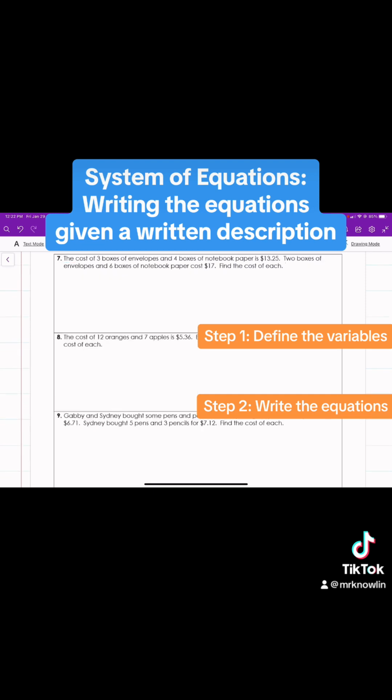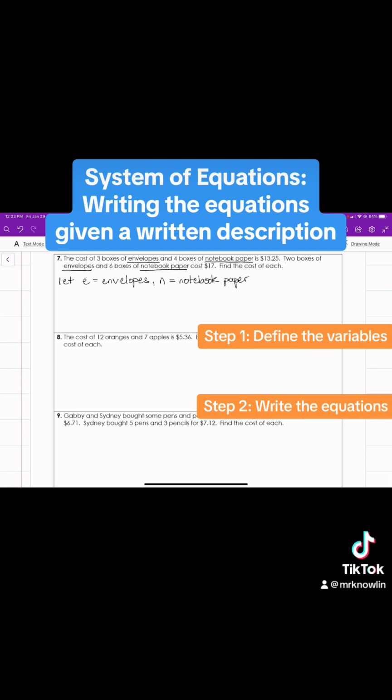So let's take a look at number 7. Well, first we need to define our variables. In both sentences, they talk about envelopes and notebook paper. I'm going to use the letter E for envelopes, okay? So let E represent envelopes, and we're going to use the letter N to represent notebook paper. Let's take a look here.